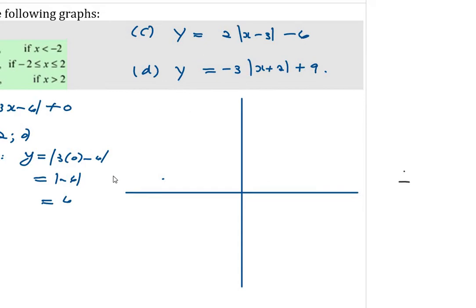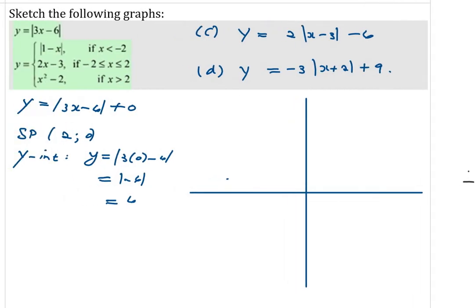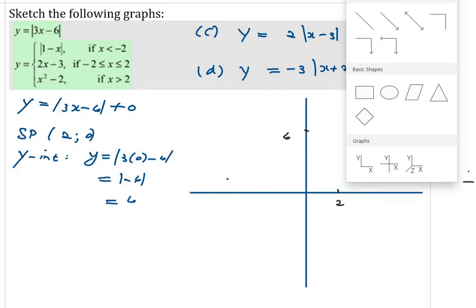Okay, so my salient point is, just want to move it a little bit to the left so that everybody could see. Okay, so my salient point is now 2, 0, so it's at 2 there, and it's going through 6 here on the y-axis. So basically, we can draw that line there.